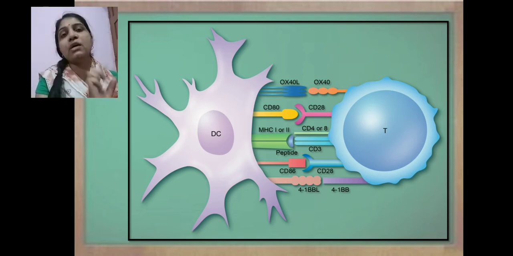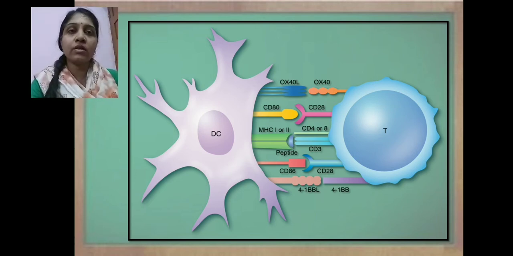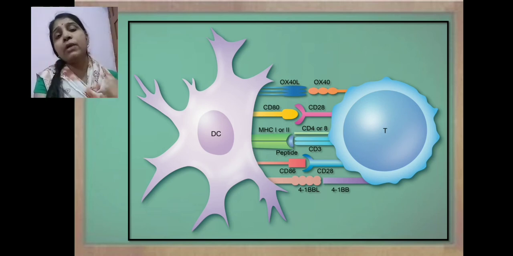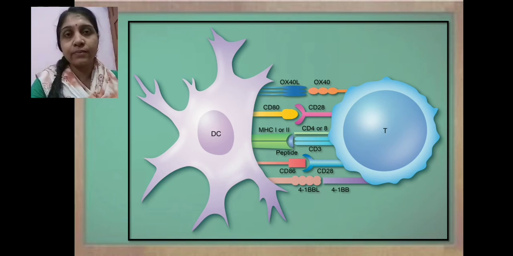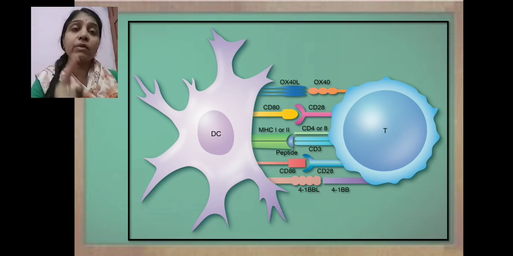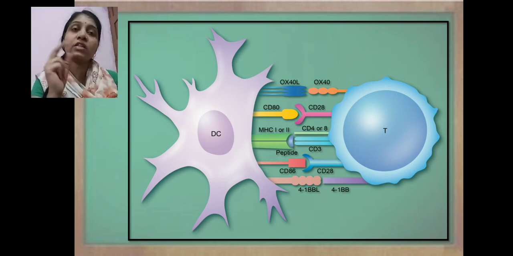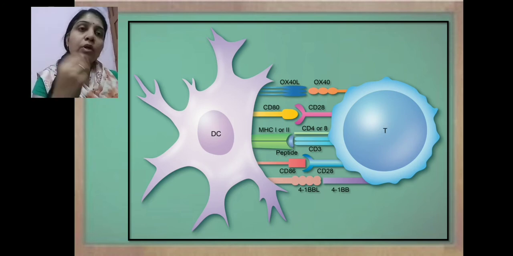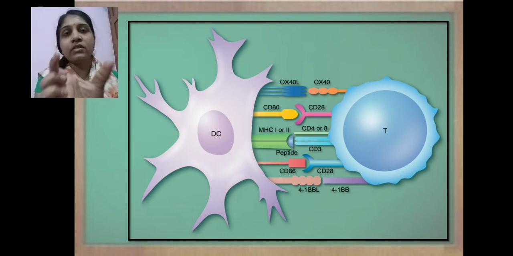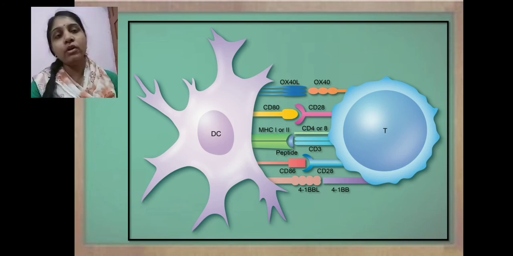The peptides are present within the cleft of these MHC molecules, and the first interaction is between this MHC peptide complex and the TCR present on the surface of the T cells. The second type of signal is the interaction between the B7 molecule and the CD28 marker. Then the survival signal in the form of OX40 and ICOS. These survival signals are also essential for the proper development of the immune response.